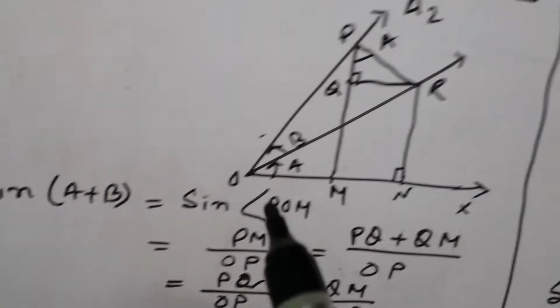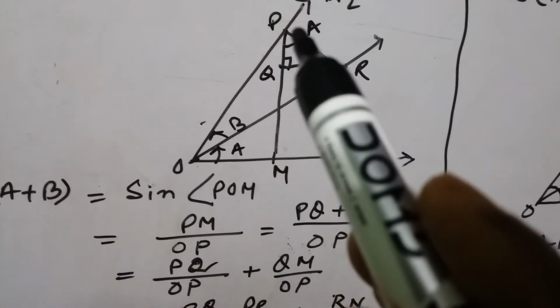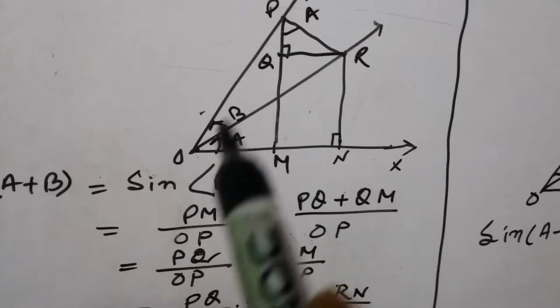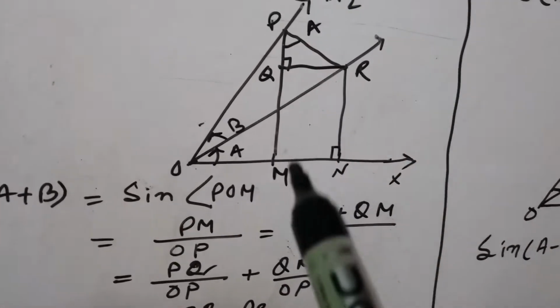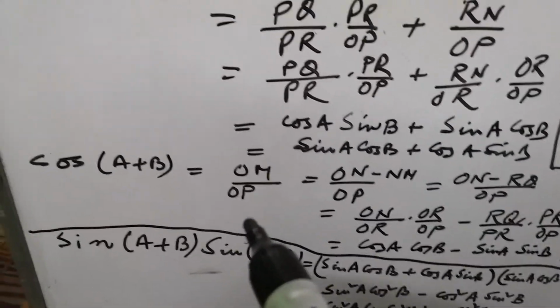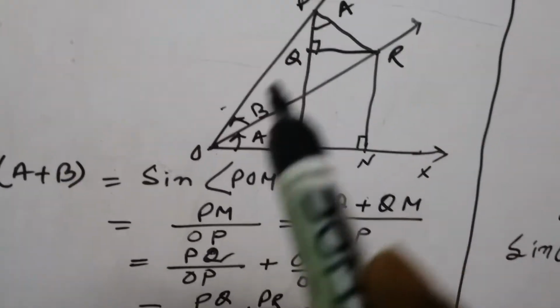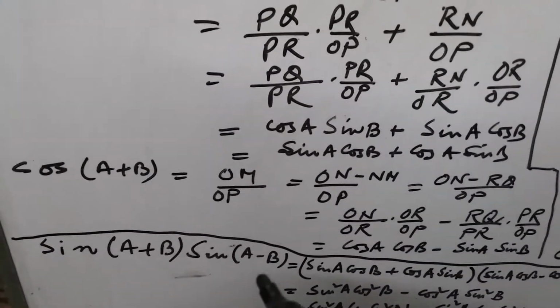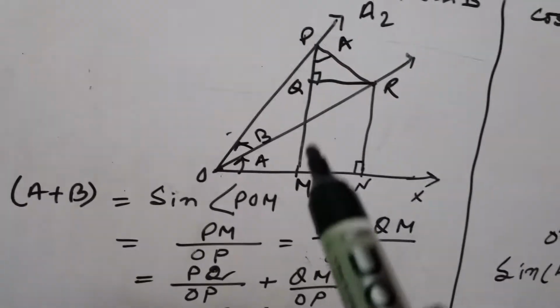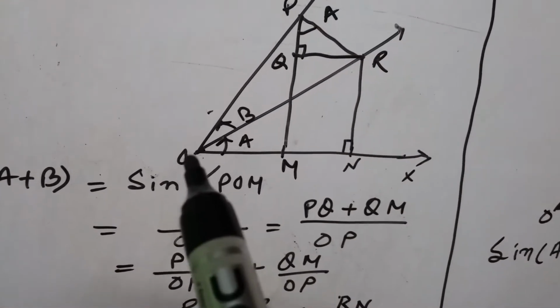Now cos(A+B), this angle. So this is perpendicular by hypotenuse. Okay.